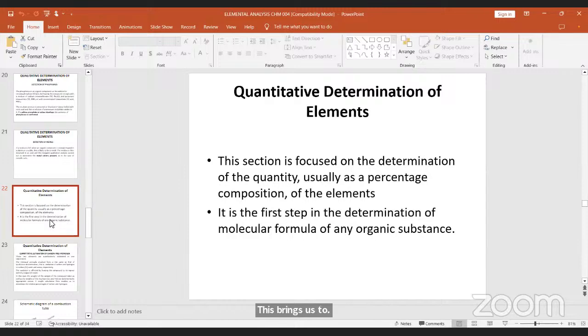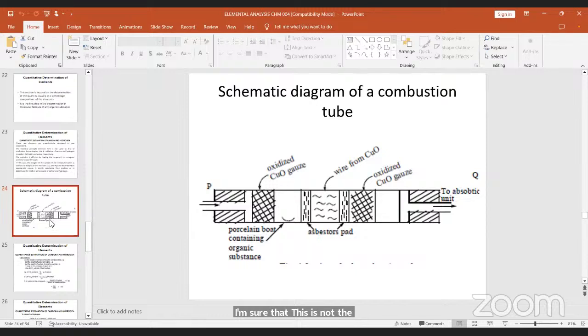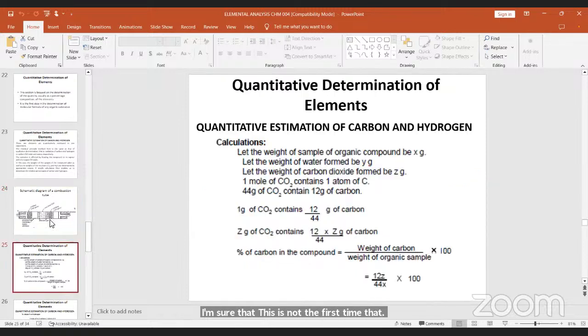This brings us to empirical and molecular formula. I'm sure that this is not the first time that you would have come across such. Empirical formula on its own is the simplest formula you can give to an organic compound. For example, if you have an organic compound that is C2H6, the empirical formula for that compound, you agree with me, will be what?